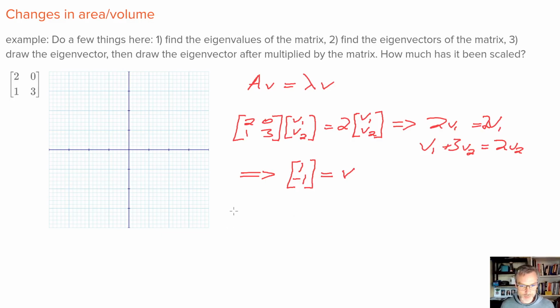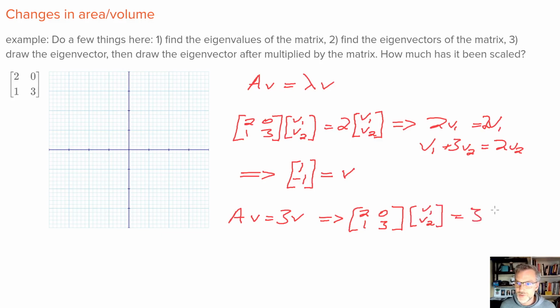I can do this again with my other eigenvalue, 3. Set that up. Looking for this vector of unknowns here. That is equal to 3 times this. Okay, and when I set this up, I solve the resulting equation. I've got 2v1 equals 3v1.